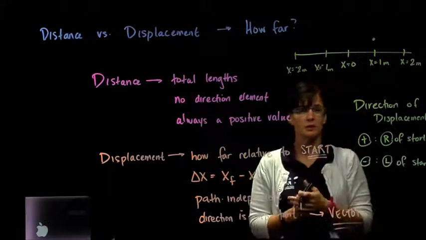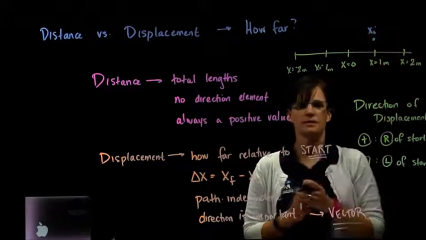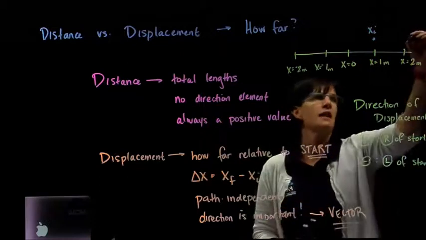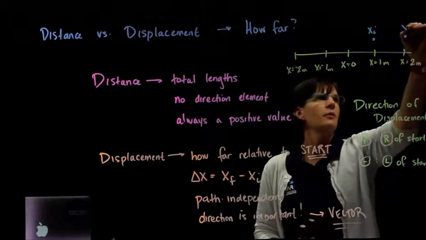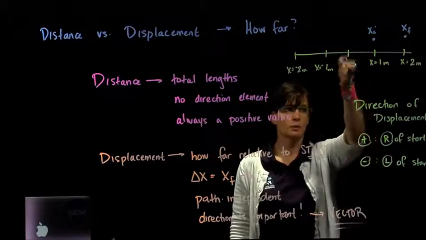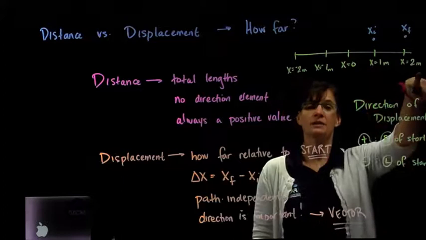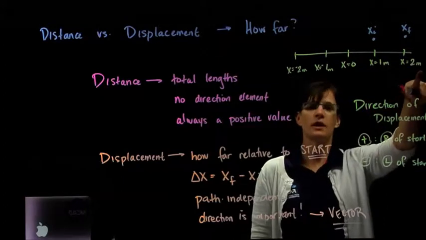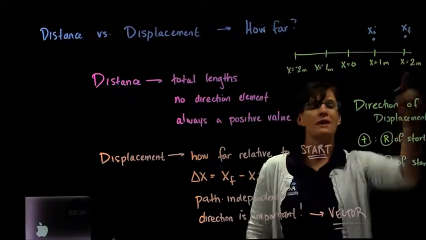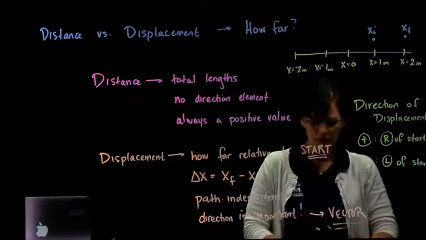Now, if my object is located here at 1 meter, so that's where it started. It's at 1 meter, and we'll call this the initial position of the object. And it ended, after the motion that I cared about, at 2 meters. So my initial position was 1 meter, my final position is 2 meters. I ended to the right of the location I started at. So I should have a positive displacement. Does that work out?